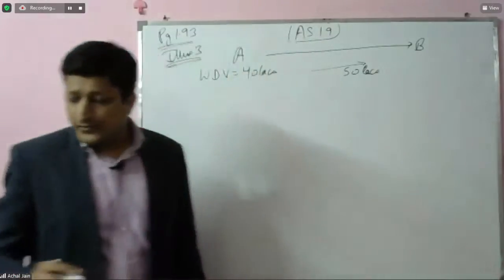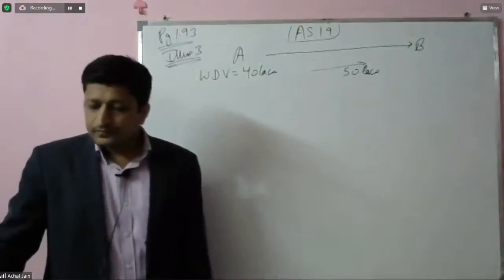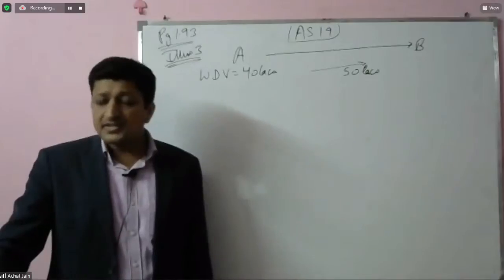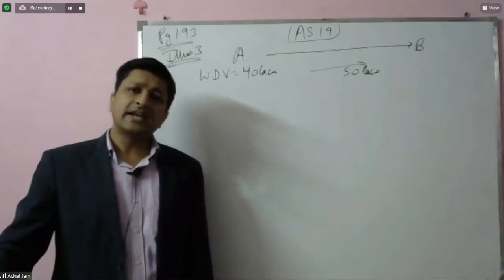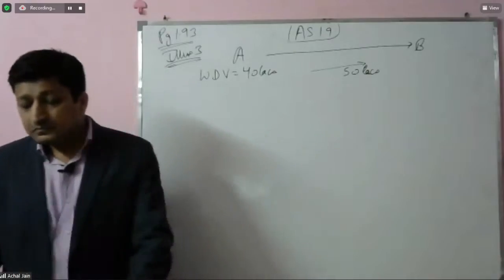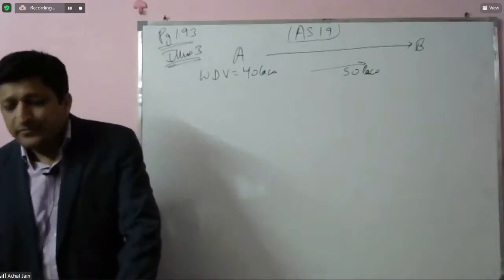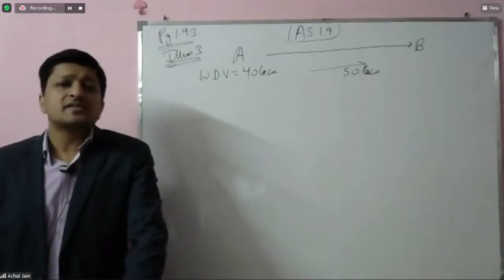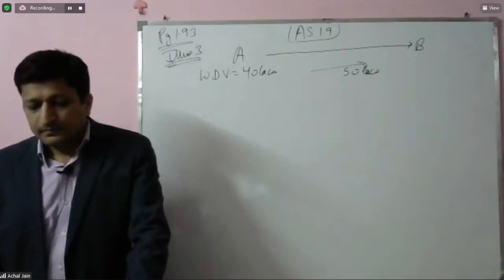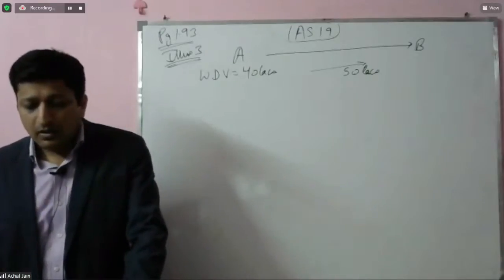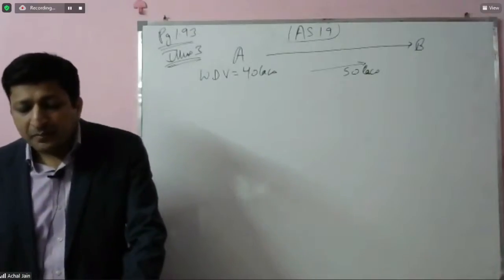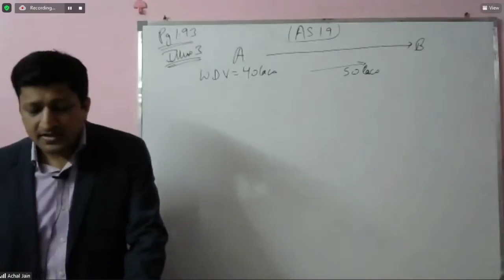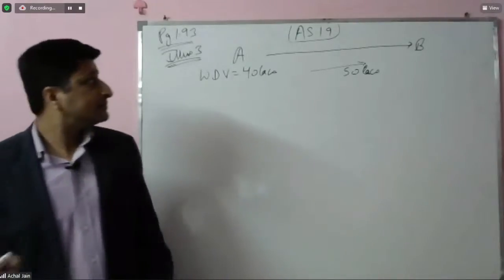And the same machine is leased back by B to A. So it's a sale and lease back. And the question specifies that the lease back is an operating lease. Comment on the accounting treatment if sale price of 50 lakhs is equal to fair value.